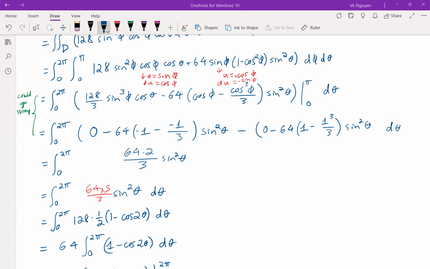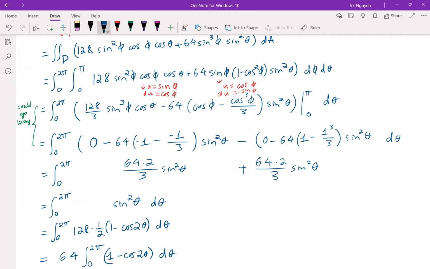Oh, this is the one that's negative. Okay, so plus 64 times 2 over 3 sine squared theta. If you add them up, you get 256 over 3. And so let me see the number 256 over 3 here.